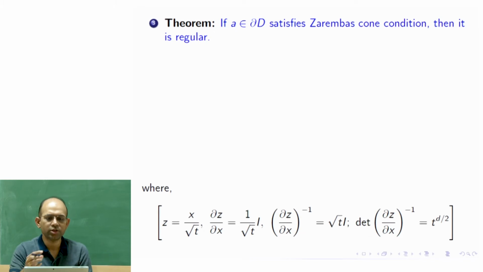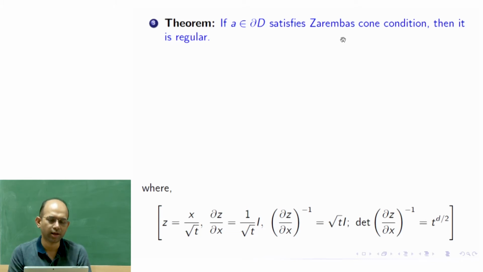Now, this theorem says that it is a good thing to have Zaremba's cone condition, because if Zaremba's cone condition is true, then the point is regular. For a spherical domain, you can attach a cone of theta pi by 2, and that is smooth also.